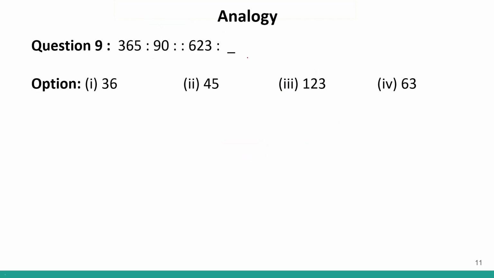Moving forward to question number 9. We have 365, 90. So now I see again a big number and a smaller number. If I see big jumps between numbers, I assume it is a multiplication or a division. If you see smaller changes, we assume that it is either addition or subtraction. Correct?